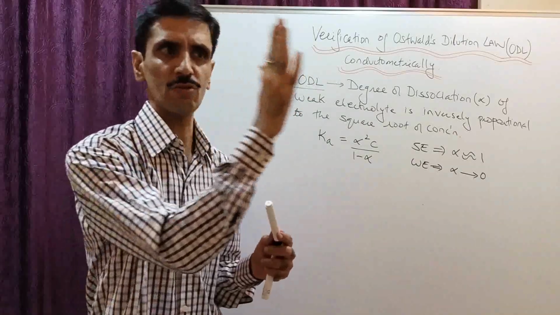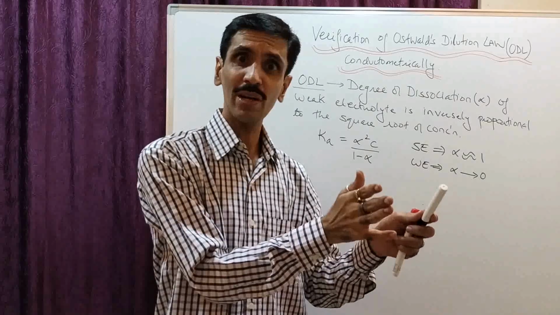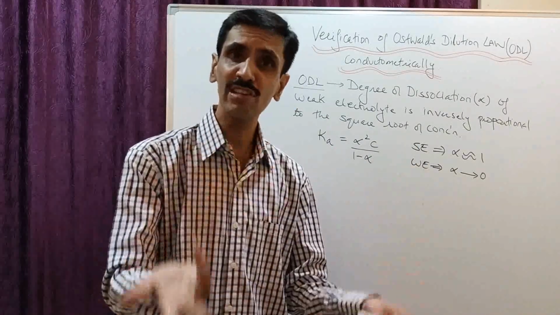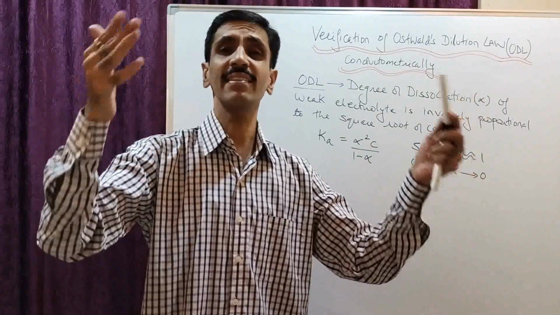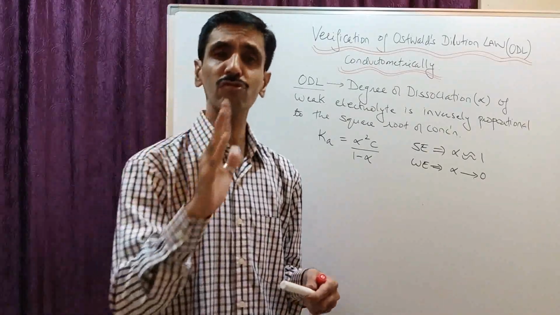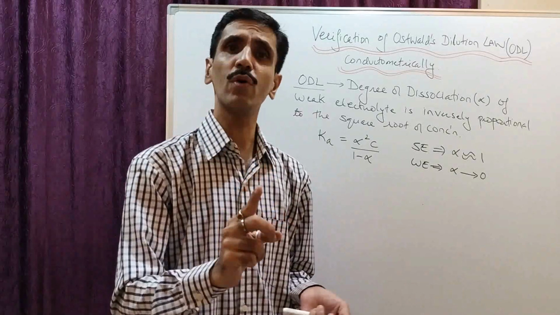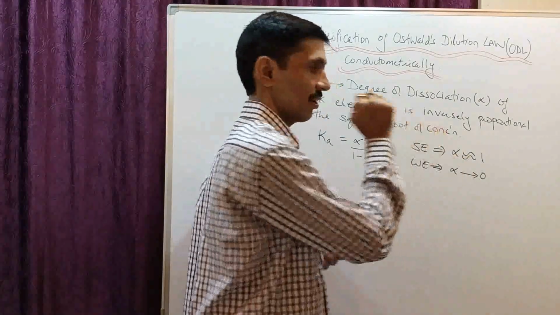We have a range, friends, 0 and 1. If it is exactly 0, then it is not an electrolyte at all, because it is not going to produce ions. Dissociation will not happen, so the degree of dissociation is 0. So I call those substances insulators. If it is close to 0, like 0.1, 0.2, 0.3, then I'll call it a weak electrolyte. So for a weak electrolyte the alpha value is close to 0.